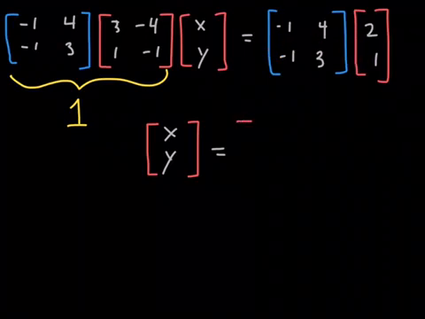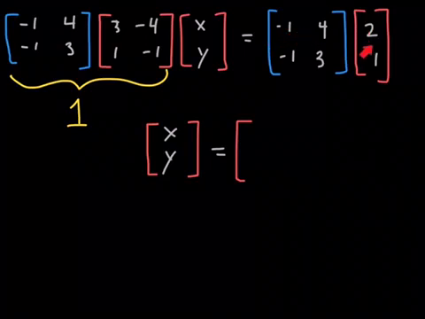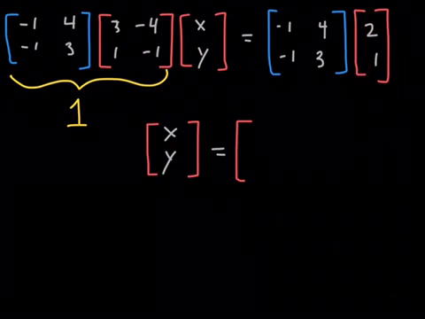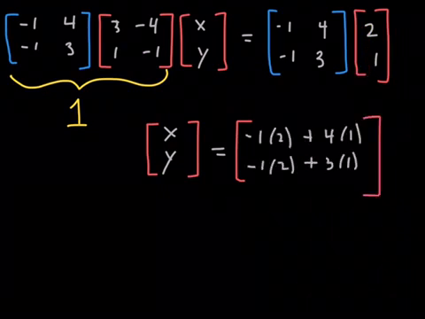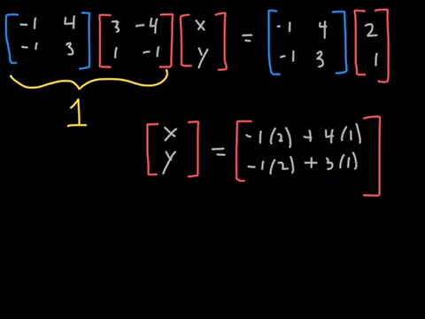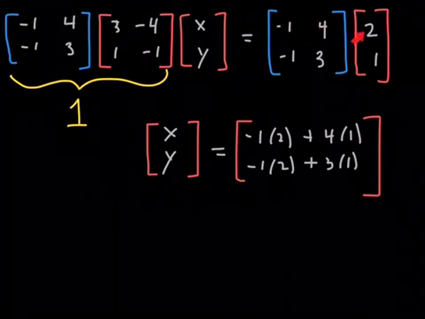And we worked on this earlier. Okay? It'll be the first row times the first column, right? So it'll be like so. It'll be -1 times 2 plus 4 times 1, which is what I wrote here, right? That's matrix multiplication. The second row will be -1 times 2 plus 3 times 1, which is what I've written here.